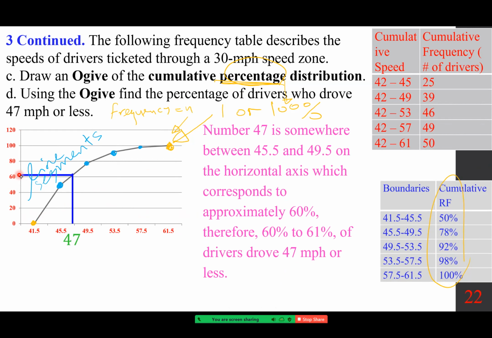So 47 is somewhere between 45.5 and 49.5 on the horizontal axis, which corresponds to approximately 60%. Therefore, 60% to 61% of drivers drove 47 miles per hour or less. That's how an ogive is used.